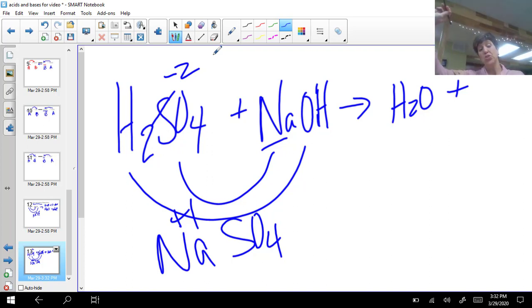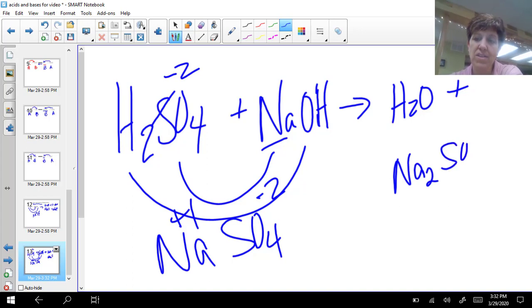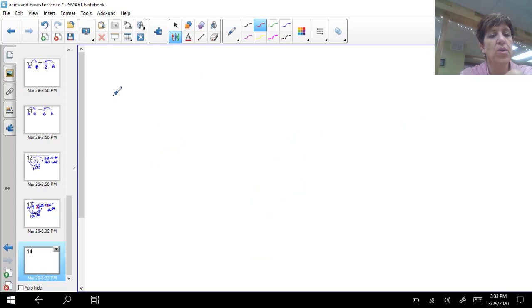I know that because the 2 crisscrosses down to the H from it, and I could look it up on table E. So this is a -2. When I cross that, I get Na2SO4. And then to balance it, I need 2 Nas, so I'm going to need 2 of those. And I have 4 H's, so I would need 2 waters. So now it's balanced.